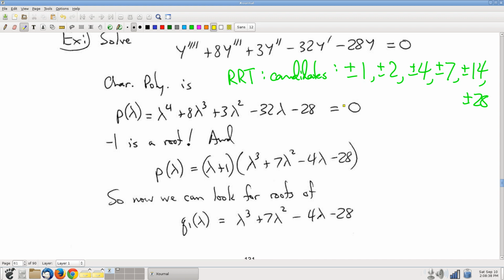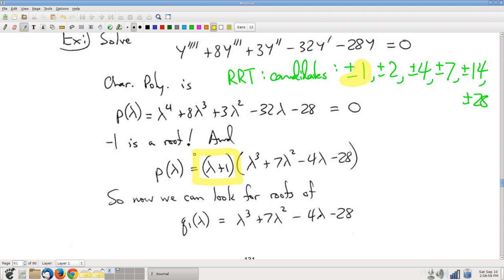All right. Okay, what about negative 1? Do I have to try that? There's a temptation to say, no, I've already tried that one as well. The thing is, it worked. So it was a root. Therefore, this polynomial did have a factor of lambda plus 1.